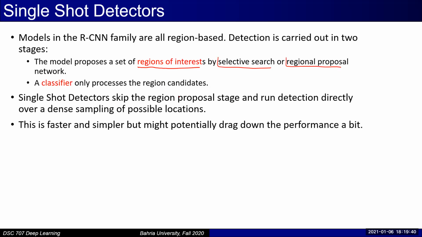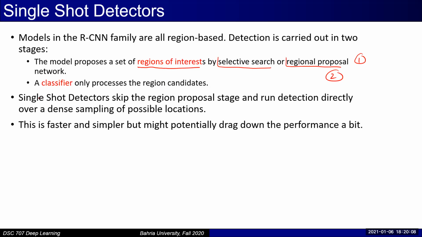Then these regions of interest are fed to a classifier which processes them, and it tells you what object is present and what is the bounding box of that object, right? So you can say this is pass 1, this is pass 2. These are two distinct steps within all of these 3 object detectors, right?